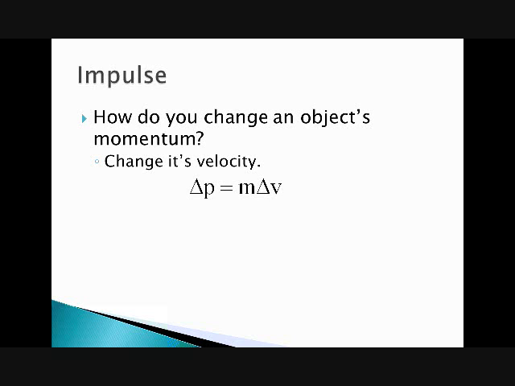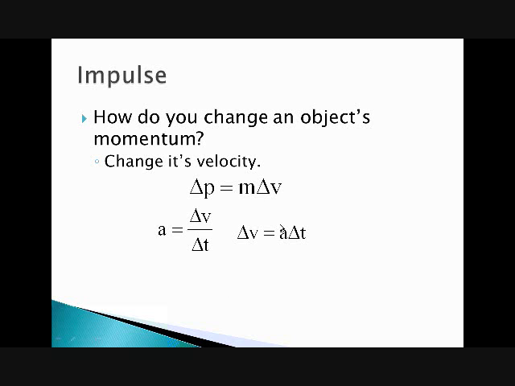So here we go. Here's our momentum equation, except I rewrote it as the change in momentum, delta P, is equal to mass times delta V, our change in velocity. That's kind of a nice little equation. Let's go back and think about the basics for a second and look at acceleration as an object's change in velocity divided by some time period. I can rewrite this to express it as an object's change in velocity is simply acceleration times some time period.